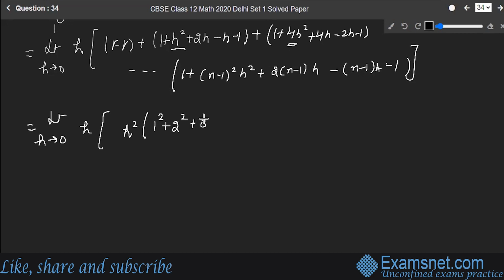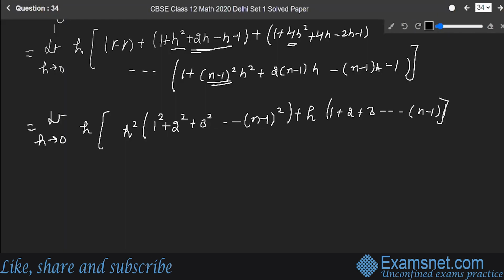Similarly, the next one will be 3 square, so on till n minus 1 square. Okay. Plus h into, so see over here, this will be 1 plus 2 plus 3, so on till n minus 1.